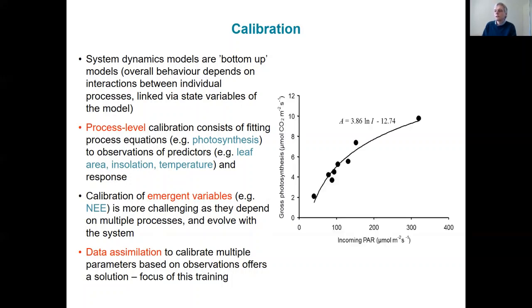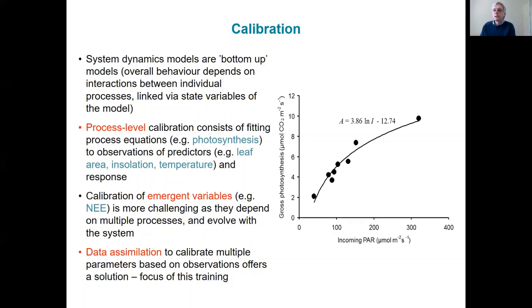So we can do something like this, a very simple empirical photosynthesis model that we can construct through fitting a regression line to measurements of CO2 uptake and incoming sunlight. Typically, calibration would be more complicated than that, but that's a simple example.